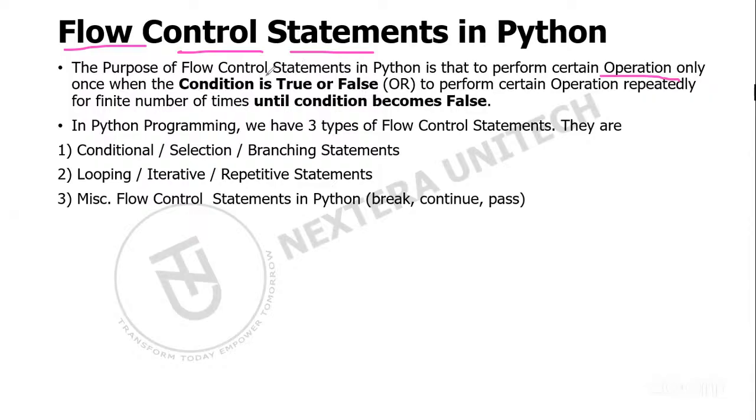The purpose of flow control statements is that they help us to perform an operation when the specified condition is either true or false. Whether the condition is true or false, based on the output that we get for this condition, the respective operation is performed.